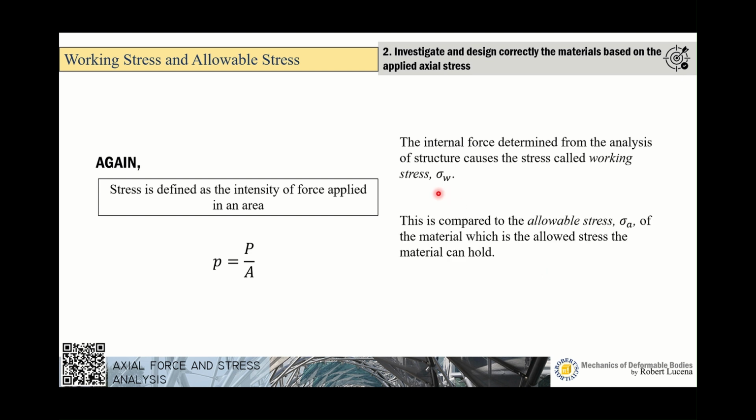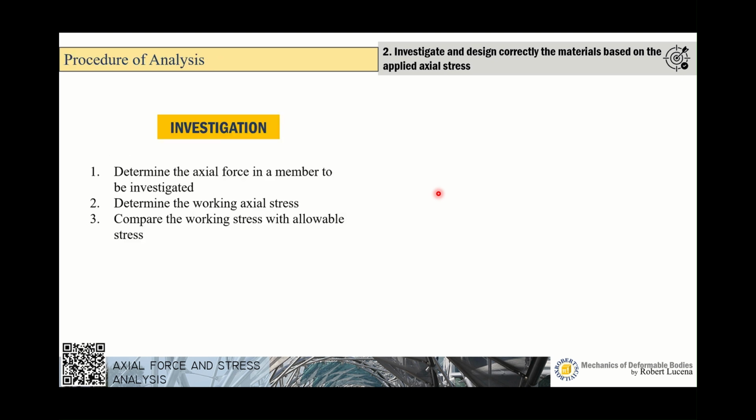This is actually compared to the allowable stress of the material, which is the allowed stress the material can hold. So intentionally, we do not want the working stress to go beyond the allowable stress, because the material can no longer hold the working stress if it is beyond the allowable stress defined by the engineer or the designer.